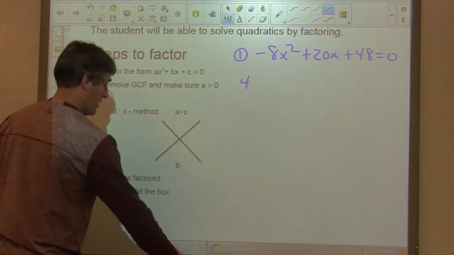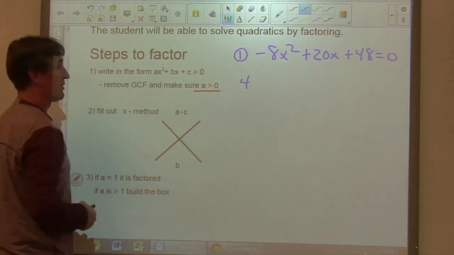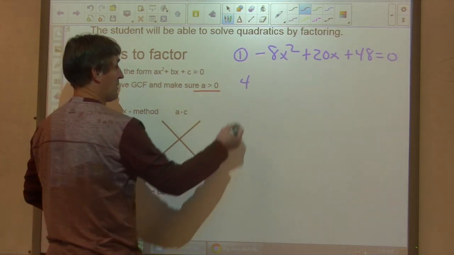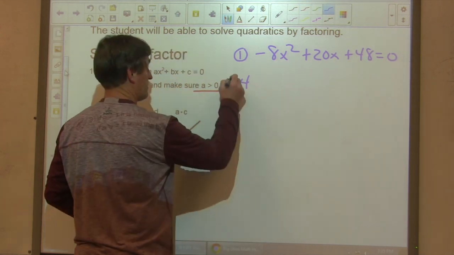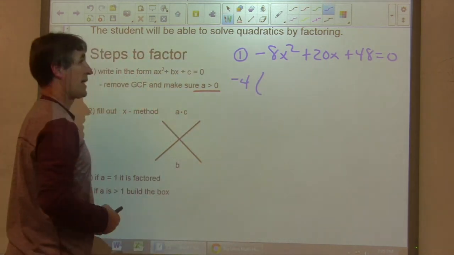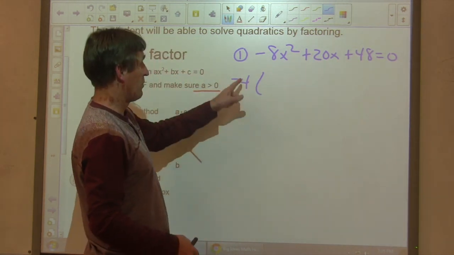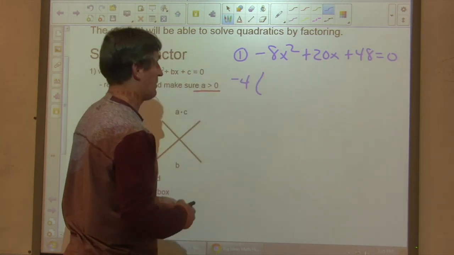But remember, I want to make sure that a is greater than 0. So I want that to be a positive number, so I'm going to pull out a -4. So we pull out that -4, and then we divide each of these by -4, or you say, what times -4 gives you those? The same thing.